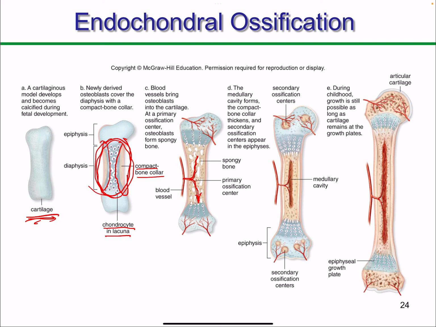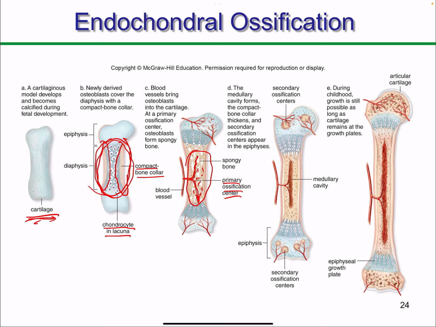That primary ossification center is where the osteoblasts will now start replacing the hyaline cartilage with the bone, right? And you have the hyaline cartilage getting replaced, but also some part of the newly formed bone will have to be eaten away.